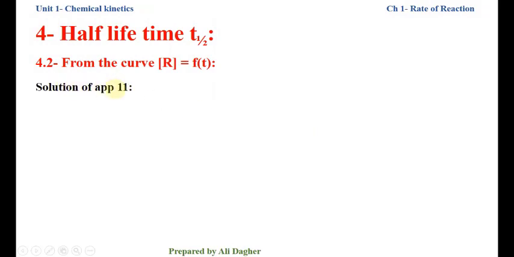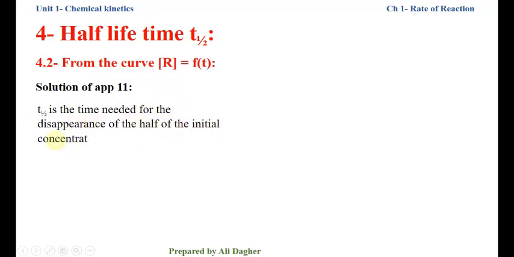Solution of application 11. T1/2 is the time needed for the disappearance of the half of the initial concentration of the limiting reactant H2O2. We are studying the reaction between H2O2 and I- in acidic medium.